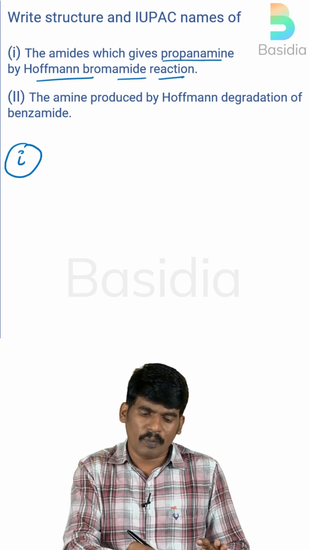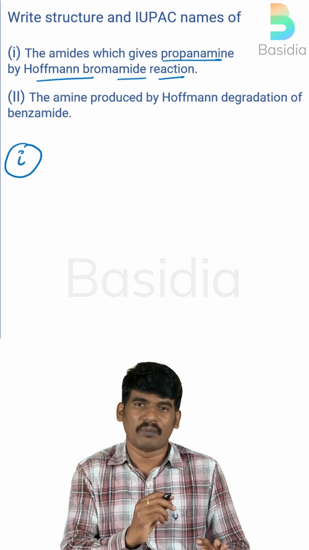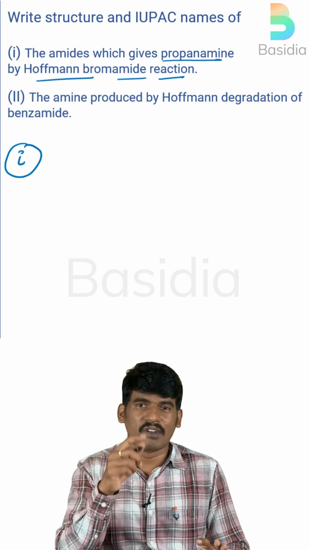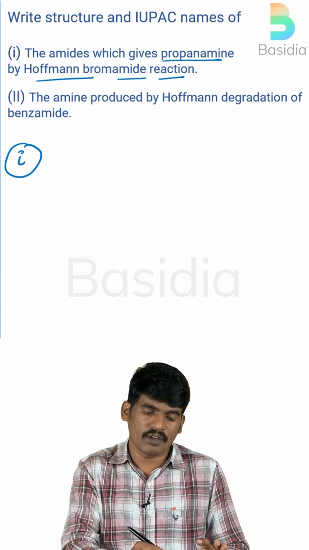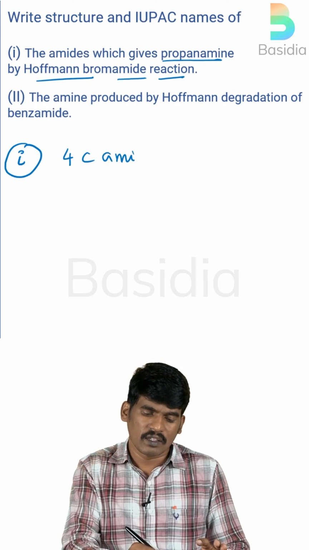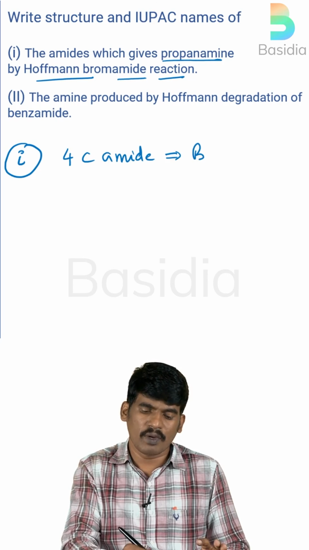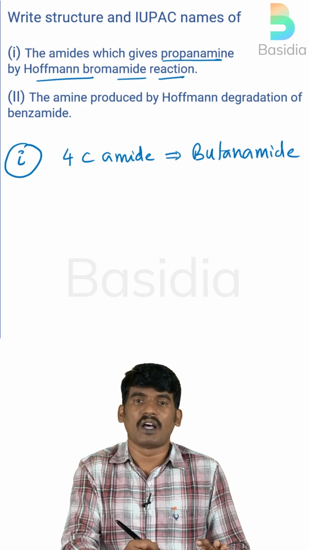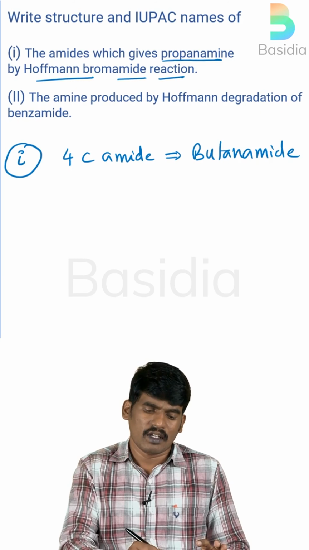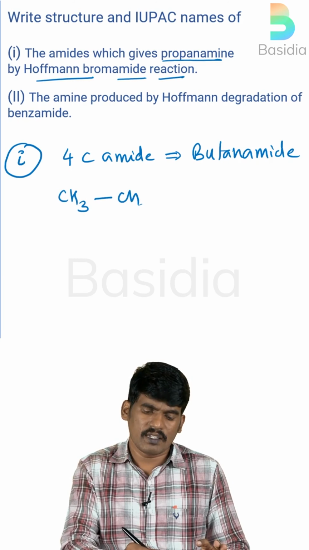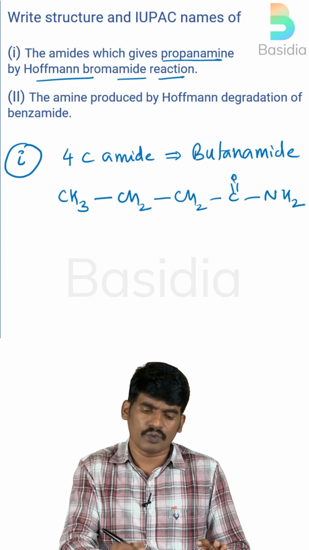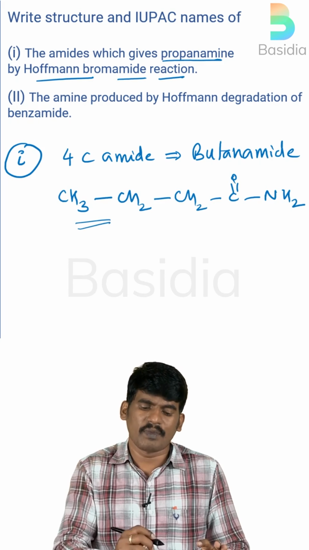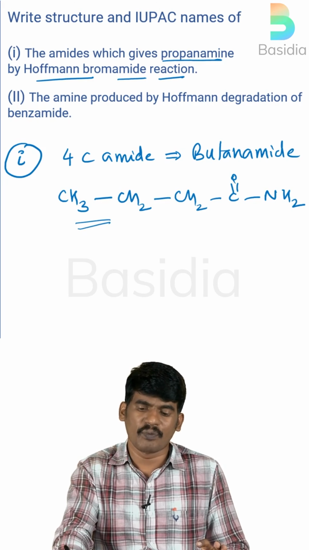We have to get propanamine, which means a 3-carbon amine. We should take a 4-carbon amide. What is that 4-carbon amide? It should be butanamide. So the structure is CH3CH2CH2C(=O)NH2, and the name is butanamide. Hope you understand that.